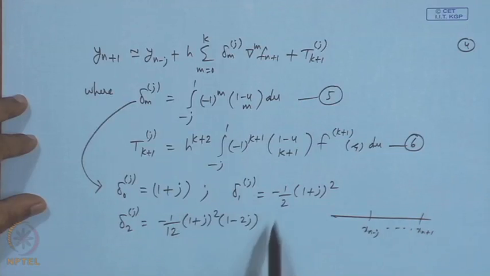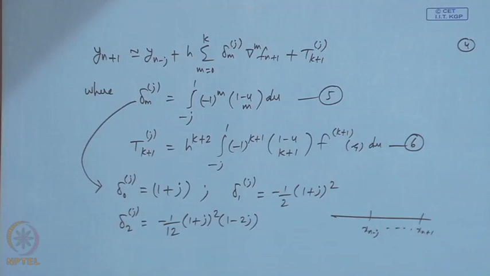So, these are functions of j. So, for example, x n minus 1, n minus 2, n minus 3. So, depending on the length of the interval, the coefficients vary.